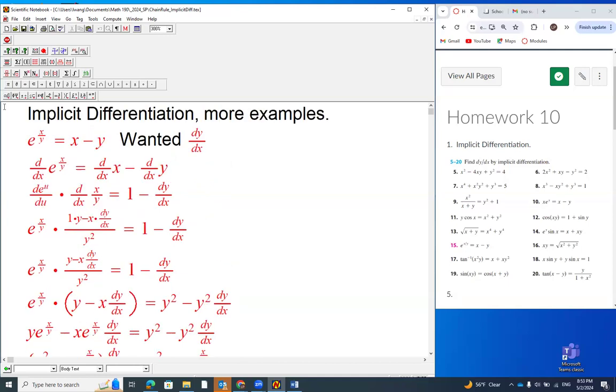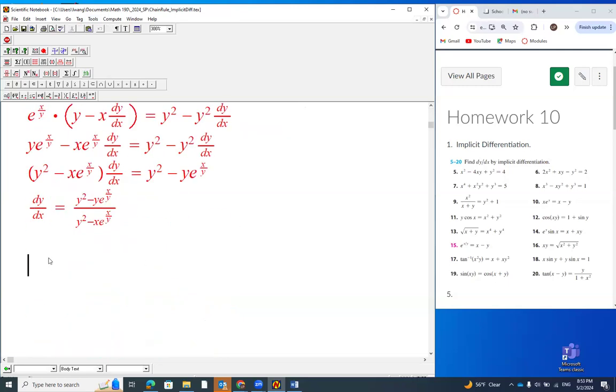Why is that? Well, most likely the textbook has applied this relationship, which is the original equation, into this final answer. In other words, e to the power x over y will be replaced by x minus y.